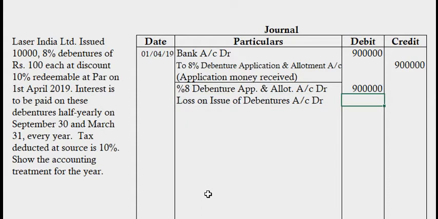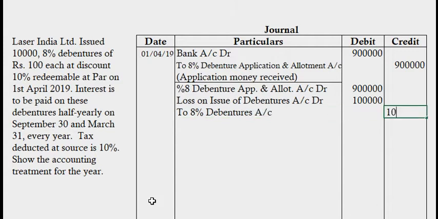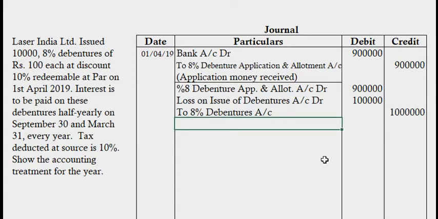How much is the loss here? 10%, that is 10 rupees into 10,000, that is 1 lakh rupees. 1 lakh rupees is the loss here, that's the discount. To 8% debentures account, 10 lakh rupees. So this is the case.